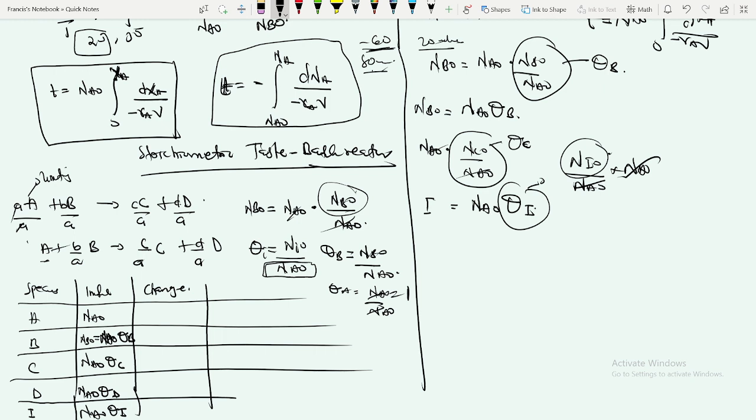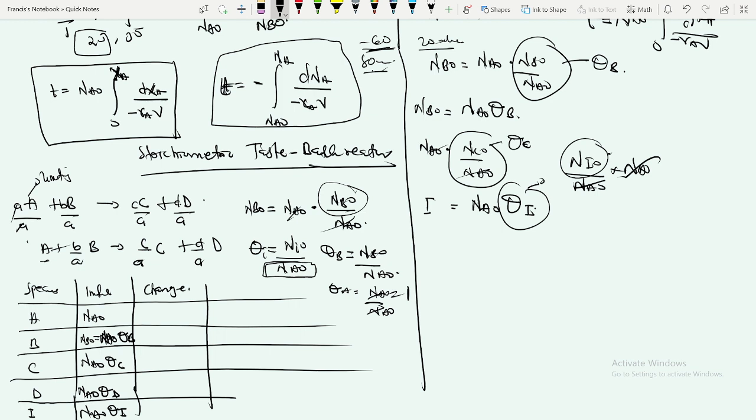Now the change for the reactants is just going to be our initial moles times our conversion. Because we said our conversion is based on our limiting reactant, all the conversion we'll be using here will be based on the limiting reactant.